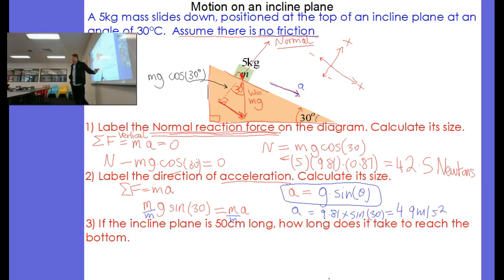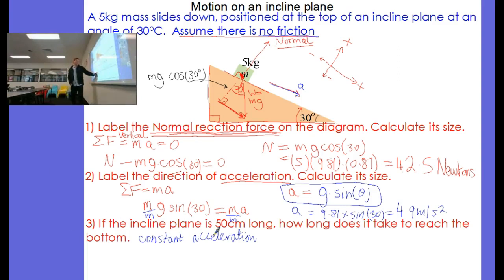They're constant. So we have a constant acceleration down the plane. All right. So now, because we know it's moving at a constant acceleration, we can determine other things like distance and time of travel and velocities achieved.